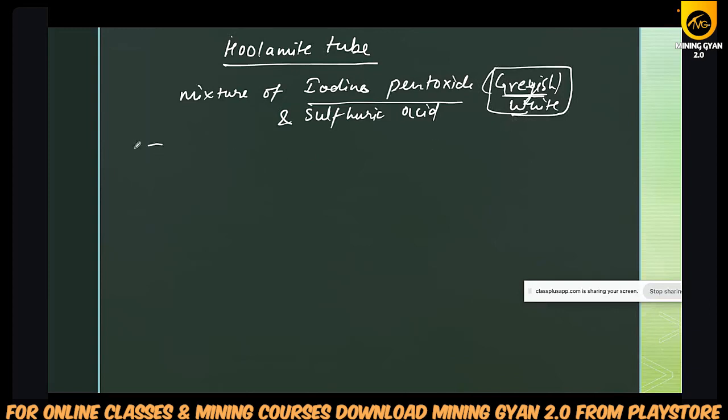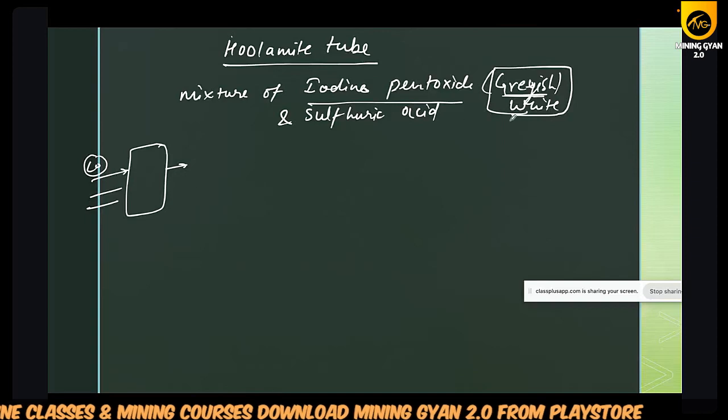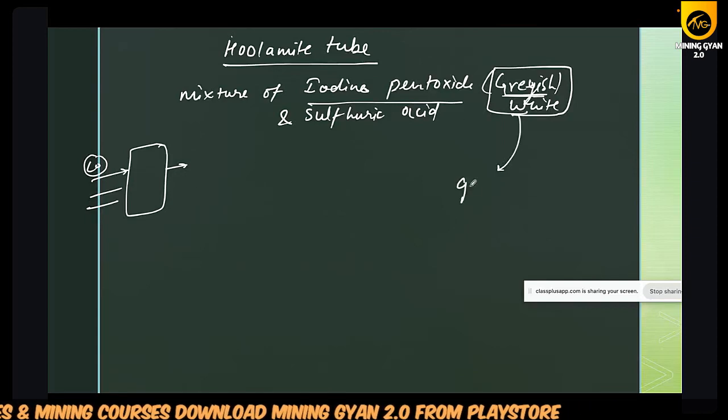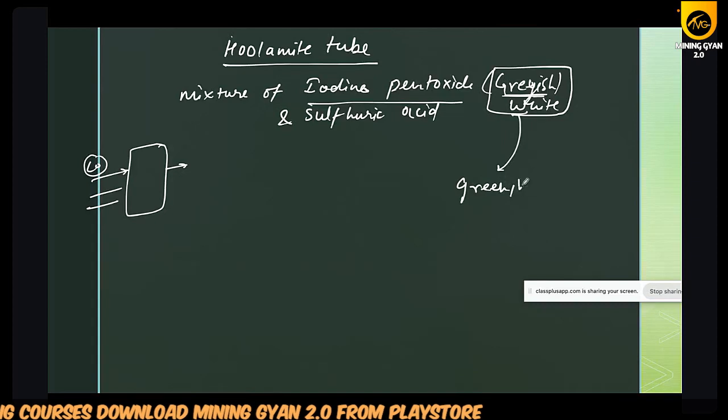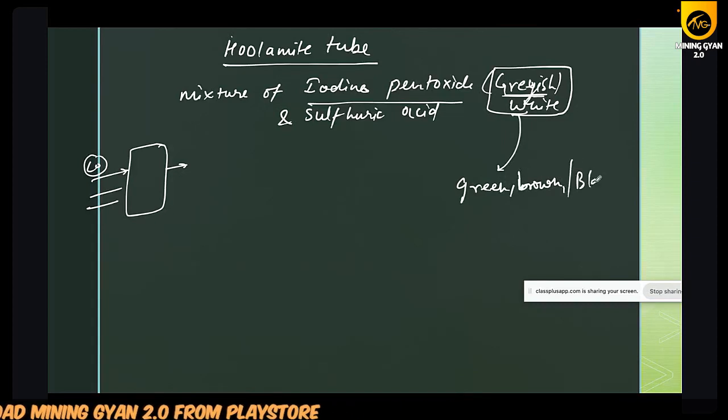So when you pass air through this apparatus, air which contains CO, the grayish color will convert into green, brown, or black.